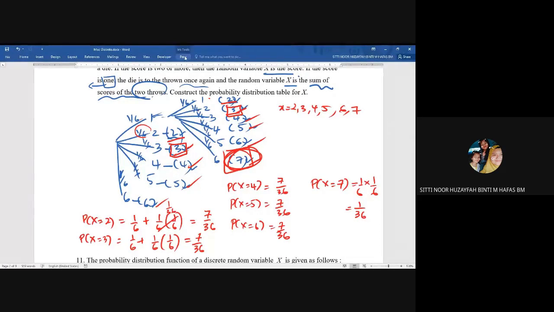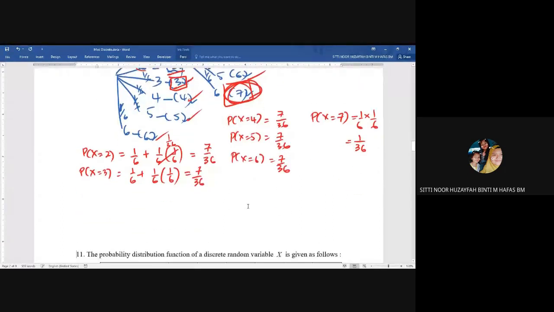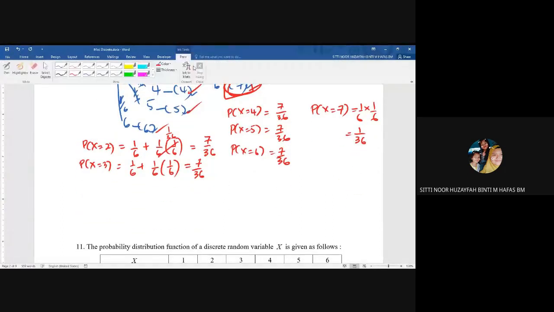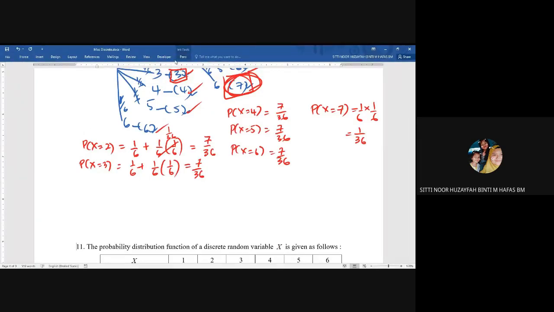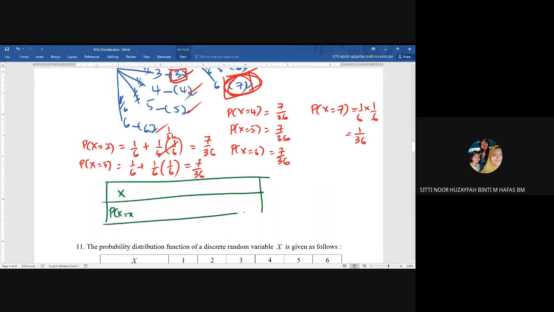So now let's draw the table. We have the probability already. Our table will have x and its probability, P(X = x). How many values of x do we have?